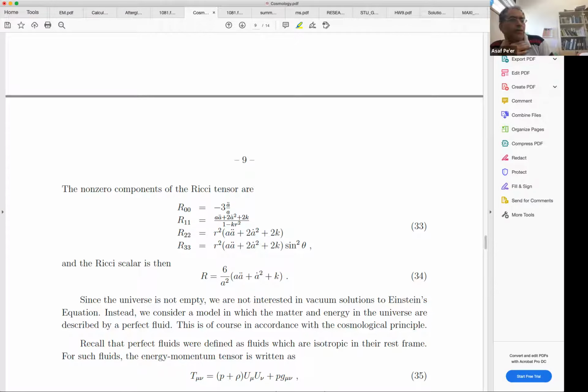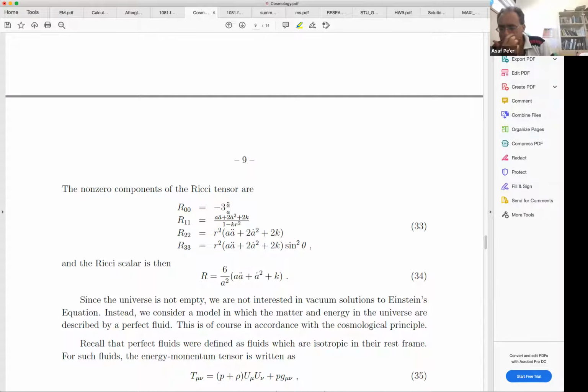There is one very strong assumption which I'm going to use. What is that? Perfect fluid. Exactly, very good. So I'm assuming that the matter in the universe can be described like a perfect fluid.